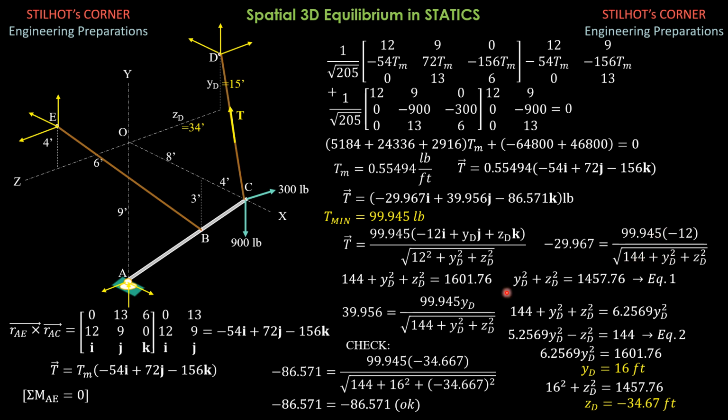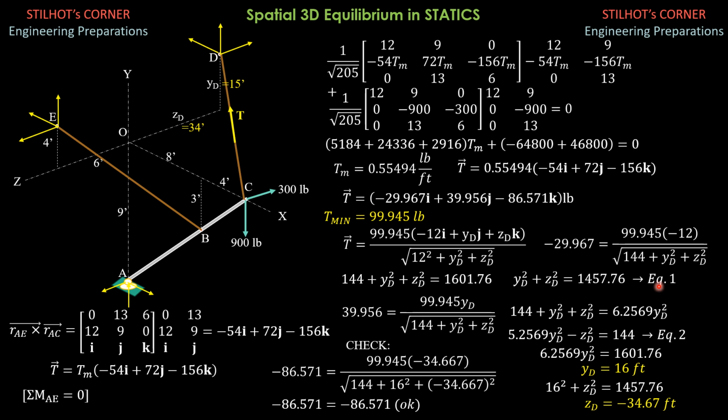So this is now 144 plus YD squared plus ZD squared. The square of the quantity 99.945 times negative 12 over negative 29.967 is 1601.76. Simplifying, YD squared plus ZD squared equals 1601.76 minus 144, and that is 1457.76. Call that equation 1.